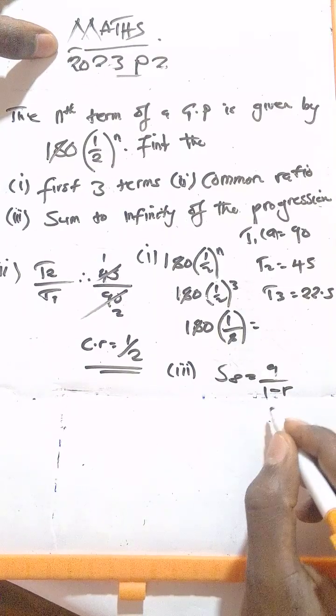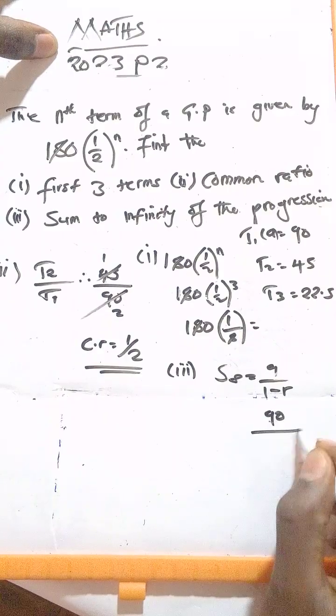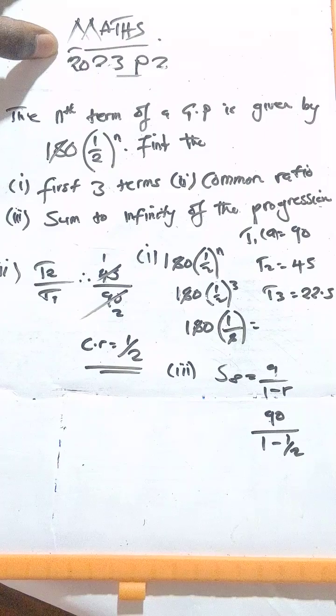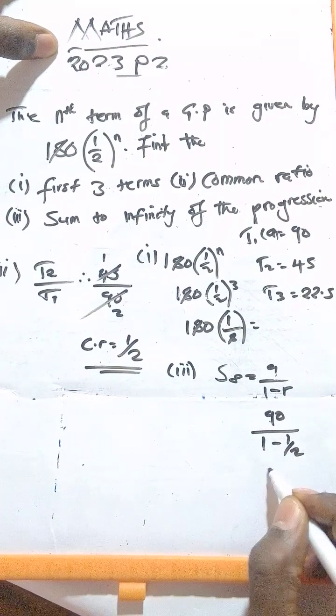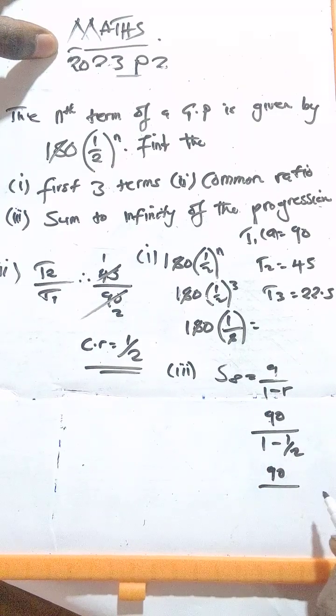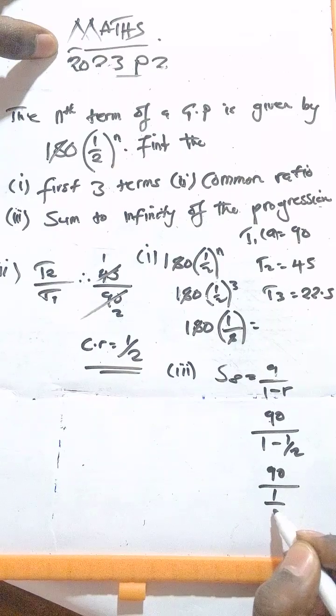So now the first term we have is 90 over 1 minus 1 over 2. Then we know that 1 minus half will give us half, same as 0.5.